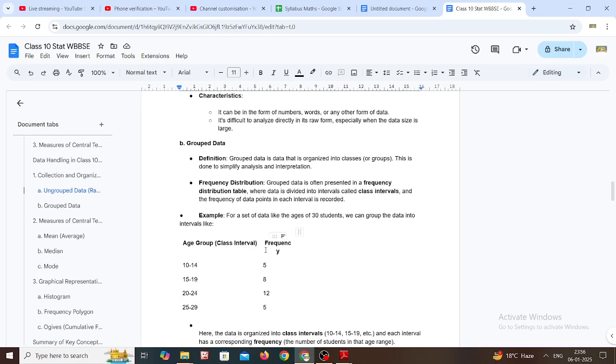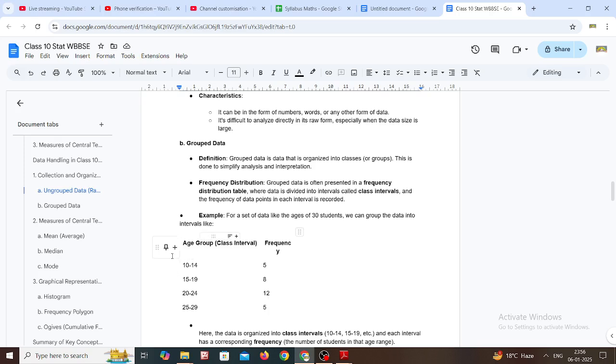That means there are 5 people within the class of 30 students who have ages between 10 and 14 years, inclusive. Any of those 5 students may have an age of 10 years or 14 years. If we sum up this data, 5, 8, 12 and 5, this sums up to 30, which is the total number of students in the class.